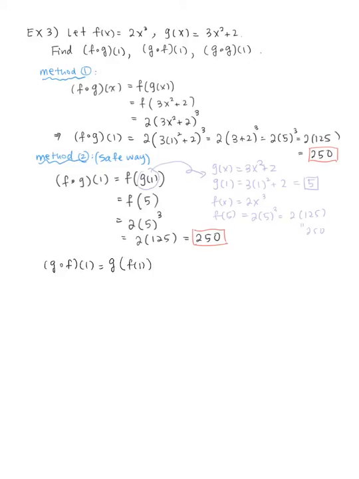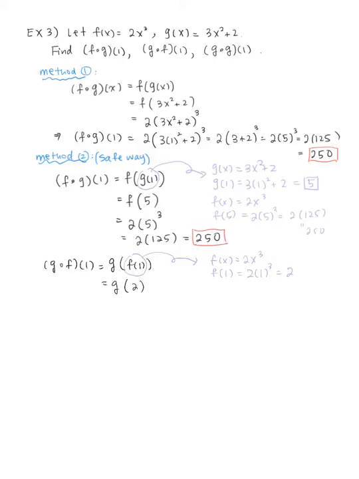All right, now as side work, first compute your f of 1. Our f of x is 2x to the third. So that means f of 1 is 2 times 1 to the third, which is just 2. So I'm going to replace our f of 1 now with 2.